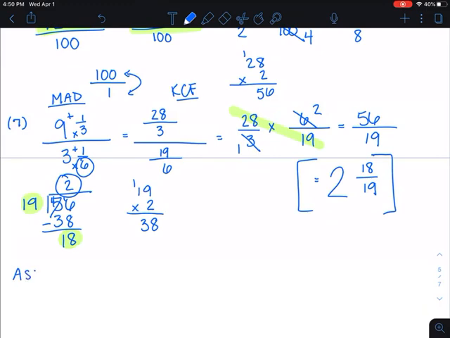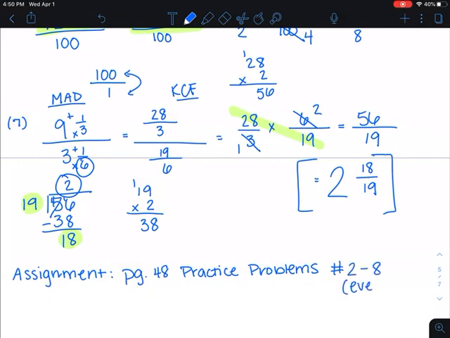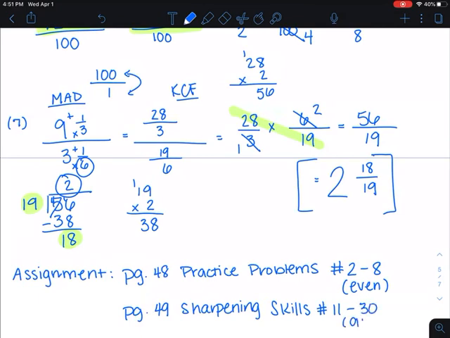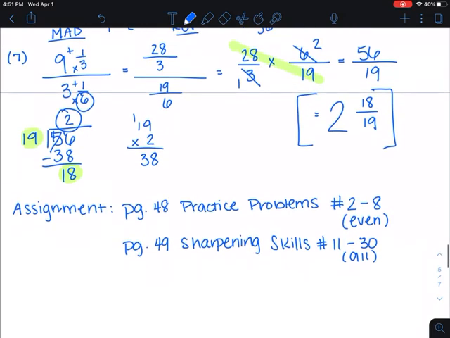Alrighty, so for your assignment today, your assignment is going to be page 48, practice problems number 2 through 8 even, and page 49, sharpening skills, numbers 11 through 30 all.